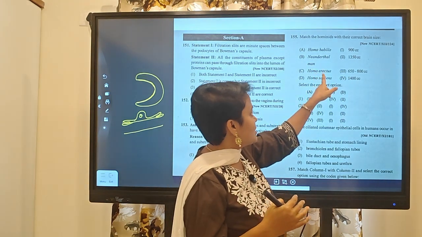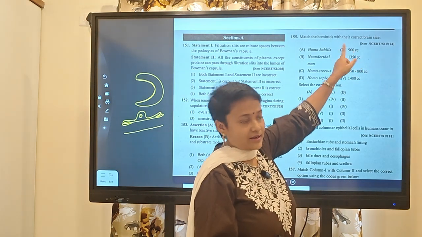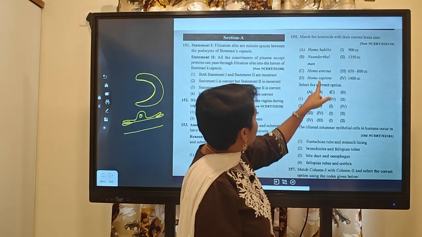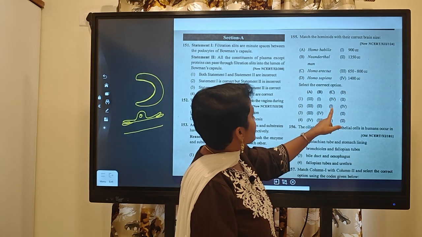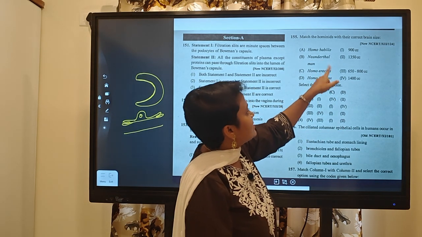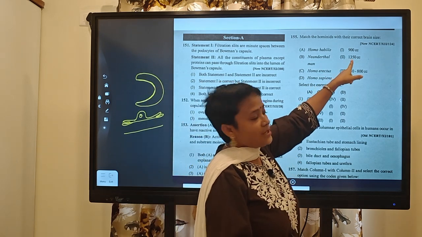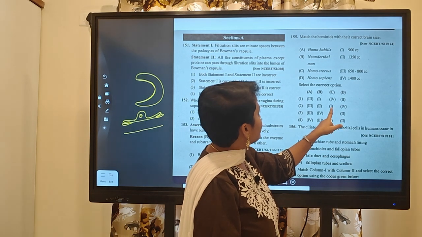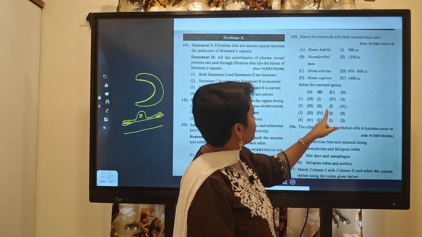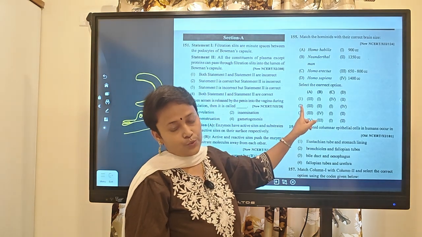Here the value is 900, so C is 1. Then Neanderthal man will have 1350 of cranial capacity, means B will be 2. So the correct answer will be number 2.